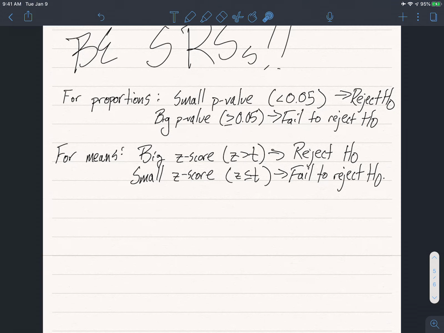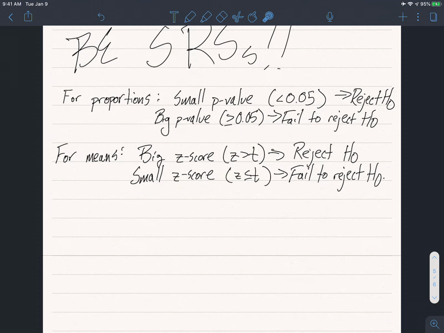For z-scores, it's the big z-scores we have to worry about, right? Big z-score, greater than that threshold t, that ends up rejecting H0 because like small probabilities, big z-scores don't happen that often in real life. A z-score of 3 is unusual. So big z-score leads us to reject, whereas a small p-value is what leads us to reject.